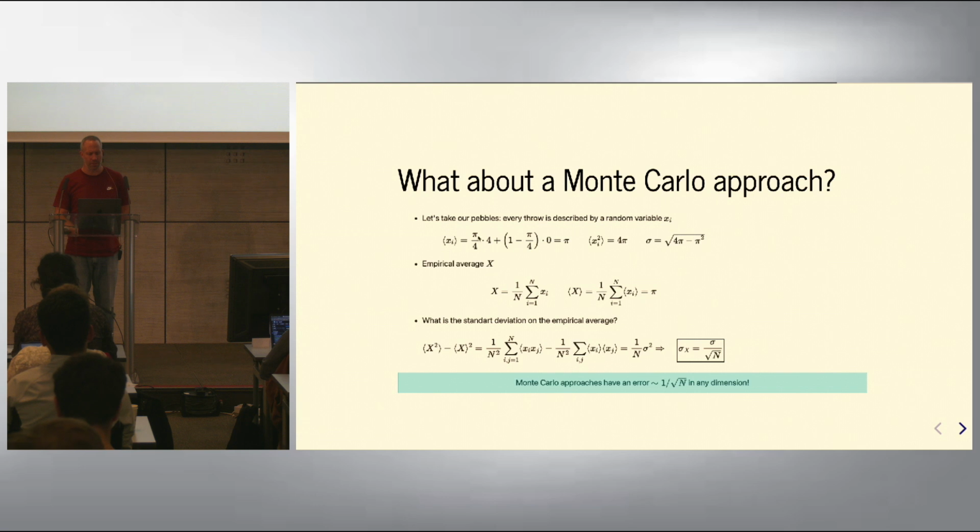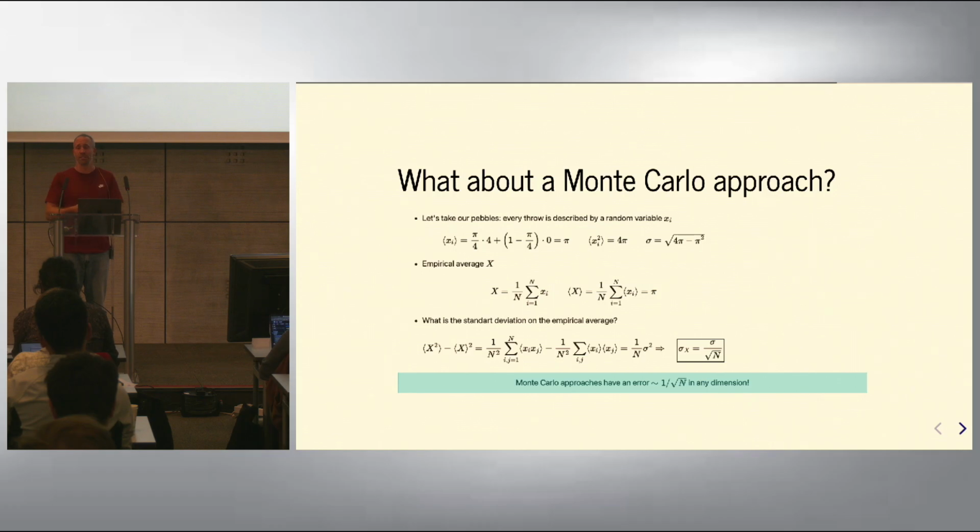This is 16 times pi over 4, that's 4 pi, plus 0. So my variance is 4 pi, and my standard deviation is something like the square root of 4 pi minus pi squared. Don't mind the precise number, this is big. It's almost as big as pi itself, which is not surprising. I get either 0 or 4. I cannot get a serious estimate for pi in a single throw.